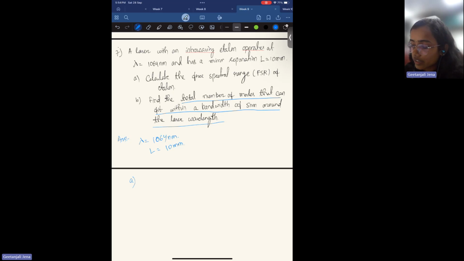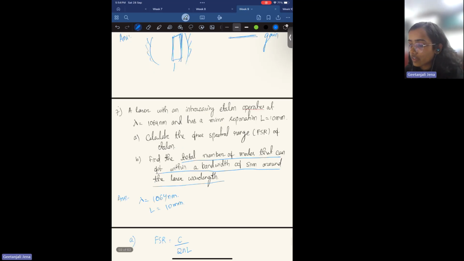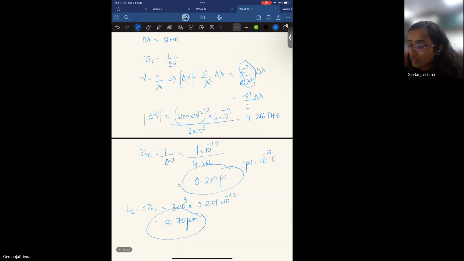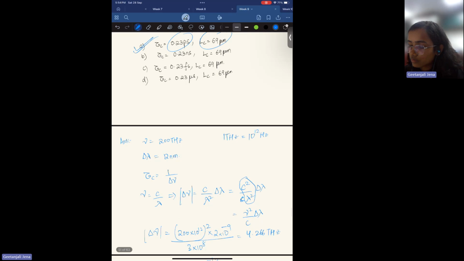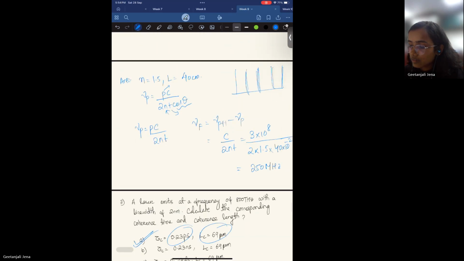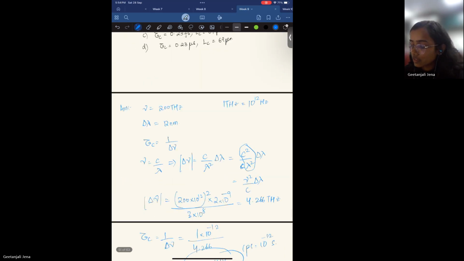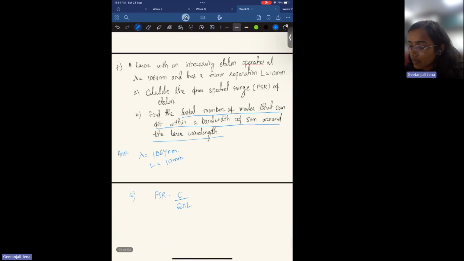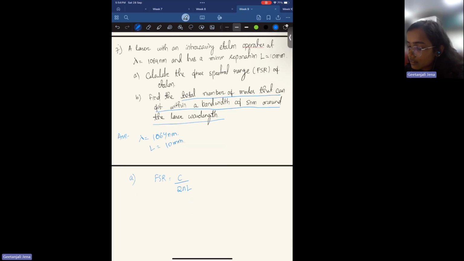So FSR, you already know, is given by c by 2nL. I think we have already solved this. Question two, it is given by c by 2nL. So for this case also it is c by 2nL and L is already given.